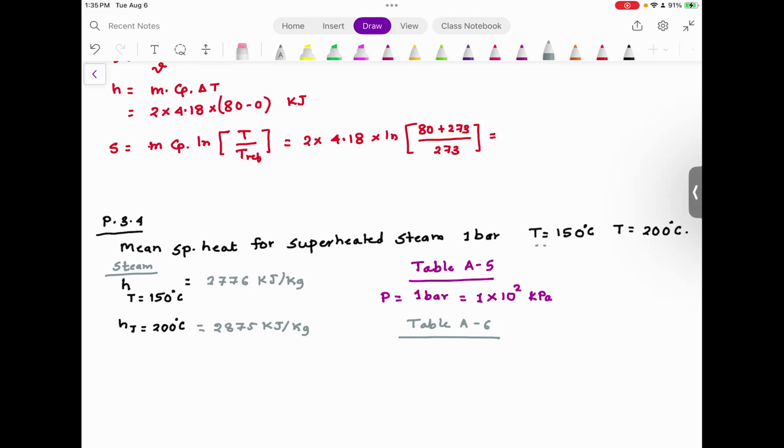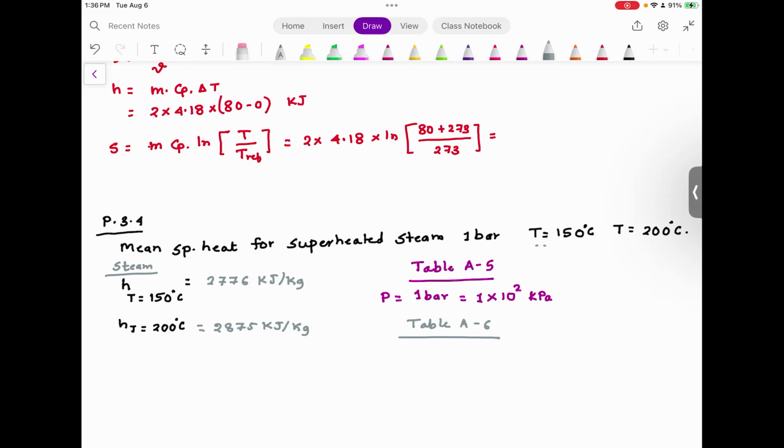Let's look at figure A9. That figure A9 has tons of information plotted on top of each other. You have understood this? There are lots of lines. On the y-axis, you have temperature. On the x-axis, you have entropy. Right now, what information do we have?